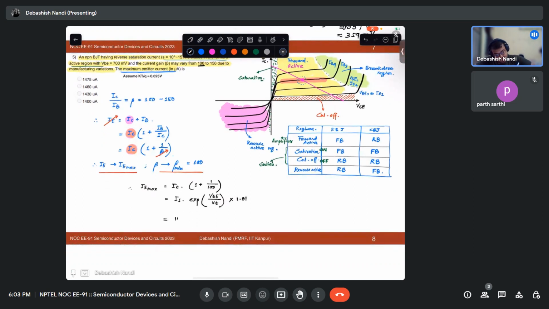So IS is 10 raised to minus 15 times exponential, what is VBE? 700 over 25 millivolt, times 1.01. If you compute, it will come out to be 1.460 into 10 raised to minus 3 ampere. That will come out to be 1460 into 10 raised to minus 6 ampere, or 1460 microampere.